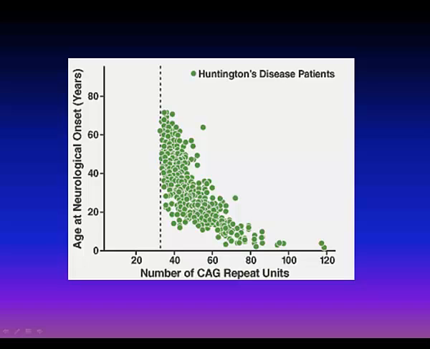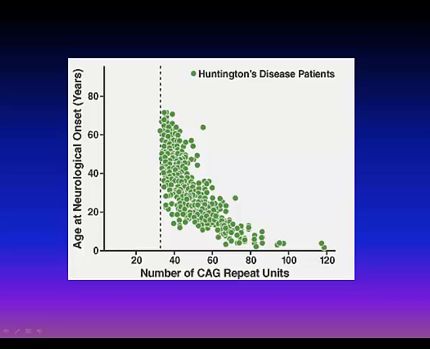This slide is showing the effect of the number of CAG repeat units on the age at onset of the neurological symptoms in Huntington's disease patients. You'll notice that the disease becomes much more severe as the number of CAG repeat units increases.